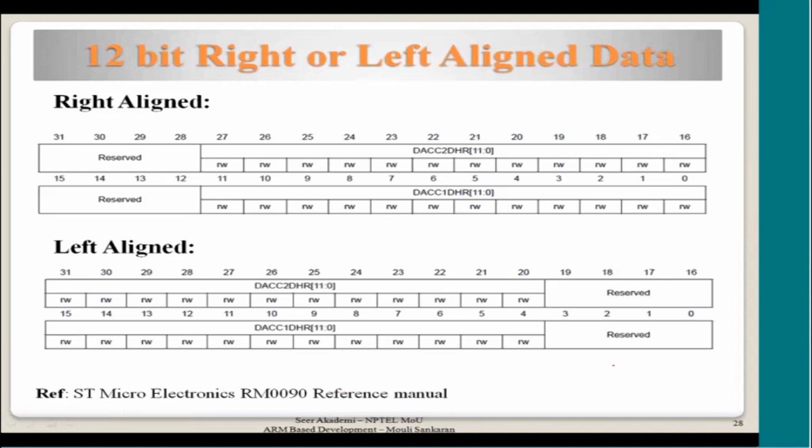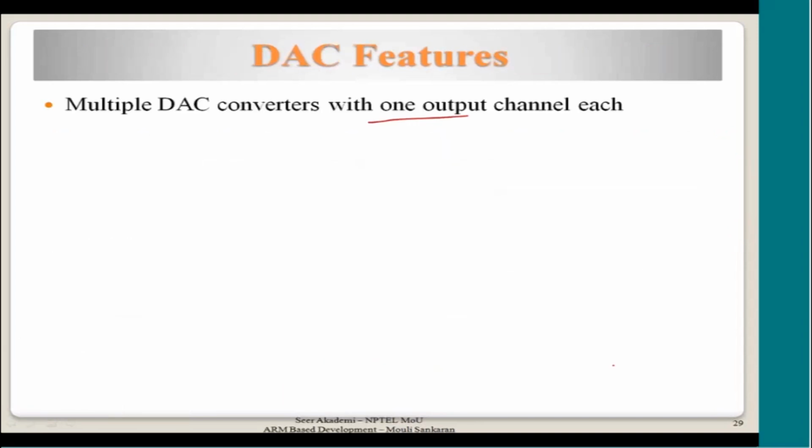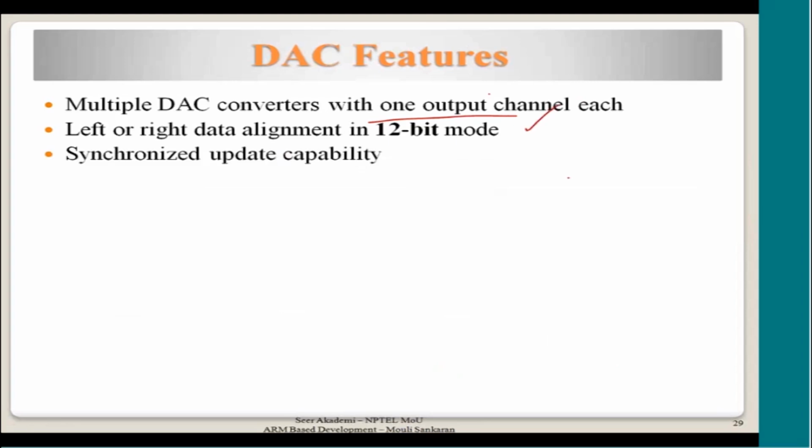And then the DAC features multiple DAC converters with one output channel each, and left or right aligned 12-bit mode. Synchronized update capability, so we can update the data given to different DAC outputs in a synchronized way.